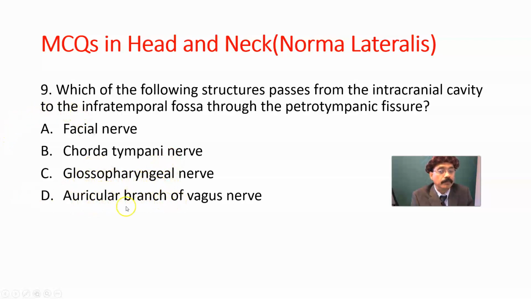Answer should be the chorda tympani nerve that is transmitted through the petrotympanic fissure. Chorda tympani nerve picks up sensation from the anterior 2/3 of the tongue except the vallate papillae. This is a branch of the facial nerve, but it passes through the petrotympanic fissure. Facial nerve itself comes out through the stylomastoid foramen. So answer should be chorda tympani nerve for this fissure.